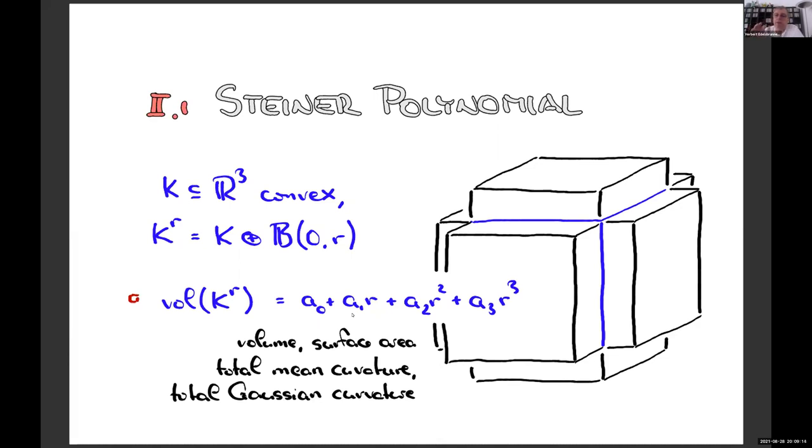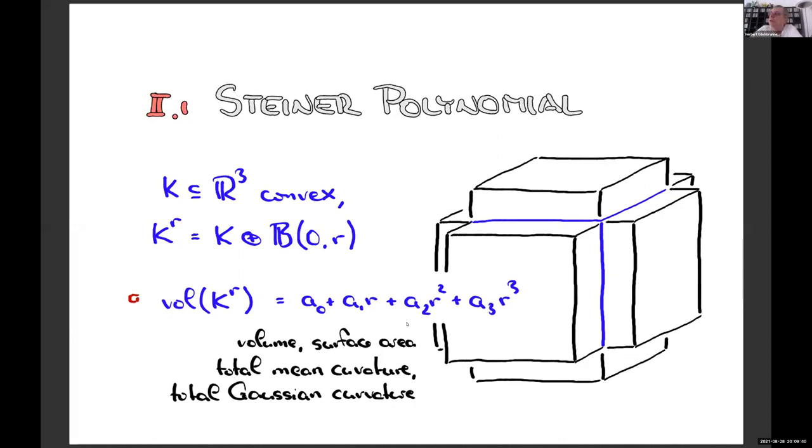So we get a thickened plate on top of every face. But then around the edges there are these cylindrical, circular cross-section pieces that interpolate here. And A2 here is the mean curvature.